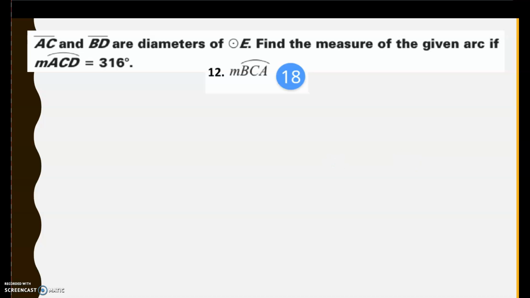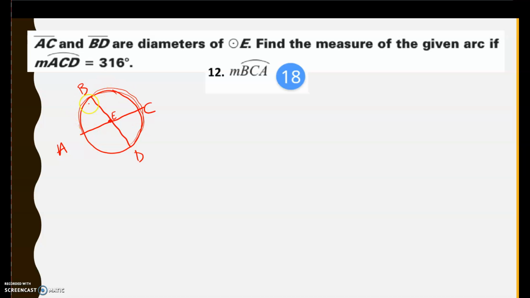And the last one. For 18, I have to draw out a picture. Just sketch this out where I have a diameter, they're saying AC, and another diameter of BD, of my circle E. I know the measure of arc ACD, so going here, ACD all the way here has a measure of 316.